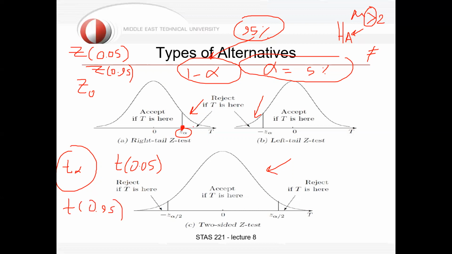Whenever this is right-sided, we are talking about the 95% case. And when I change the value of alpha, for example, let's say 98%, then alpha is 2%. We should be careful about such things. We are going to practice together, but you should practice even more with this topic because this can be complicated.